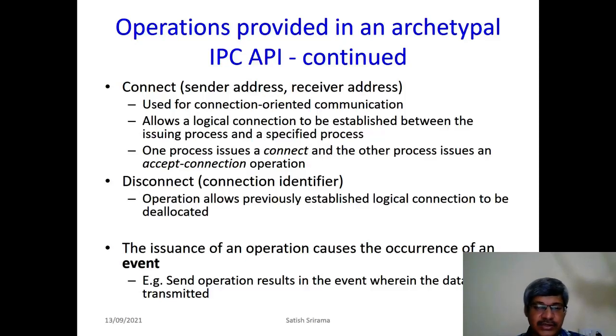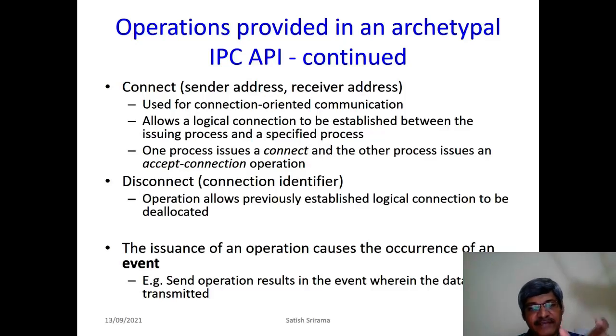I'll be showing you an example with the HTTP protocol. Once you have established the connection, the disconnect operation lets you release the established logical connection and deallocate the connection between these two processes.